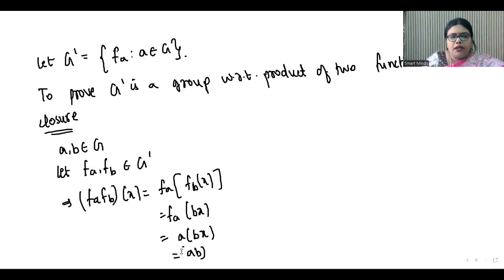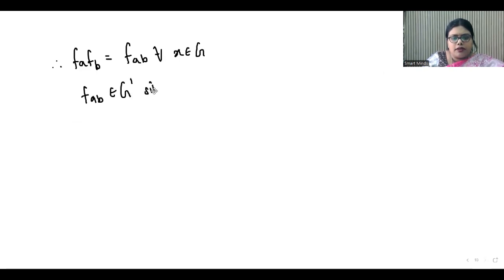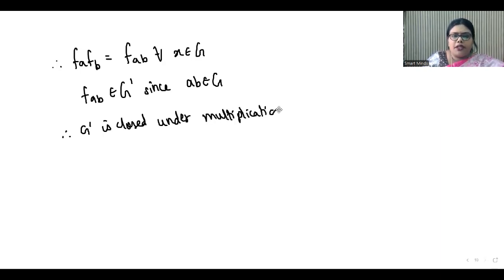That is AB into X, which is equal to FAB of X. So what did you get? Therefore, FAFB is equal to FAB for all X belongs to G. Now FAB belongs to G dash, since AB belongs to G, therefore G dash is closed under multiplication. So this is closure property.